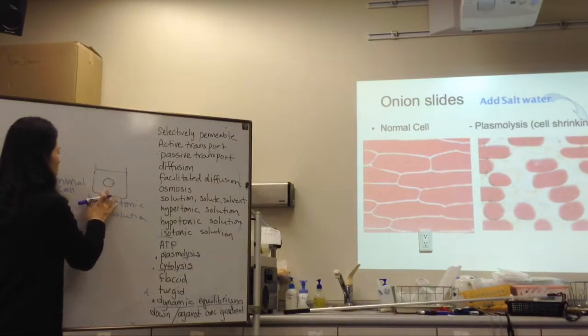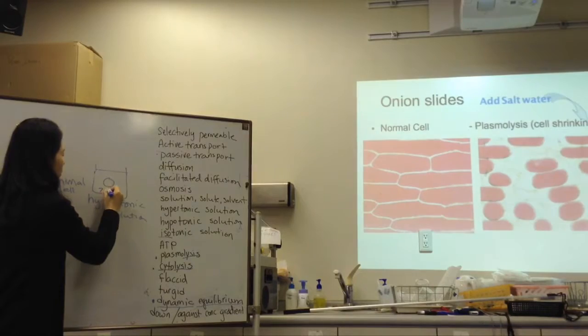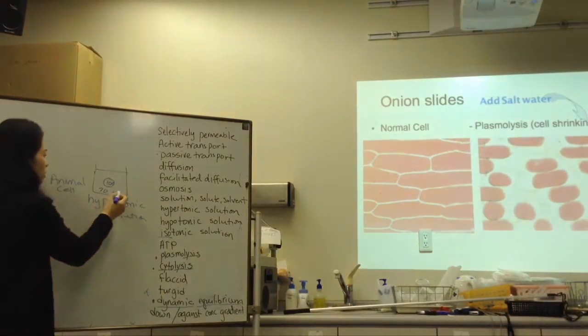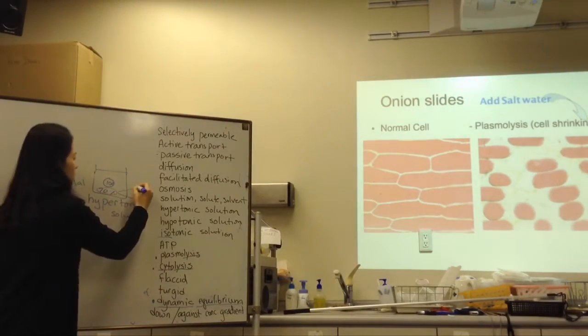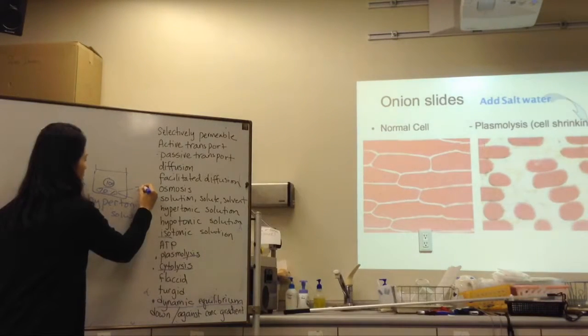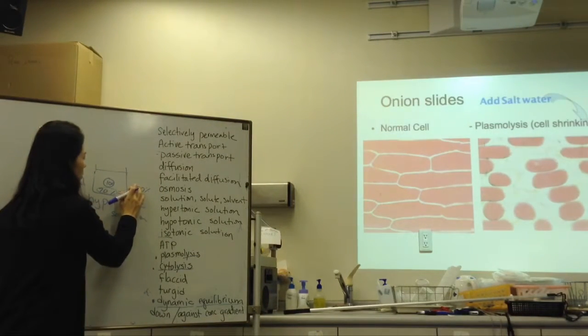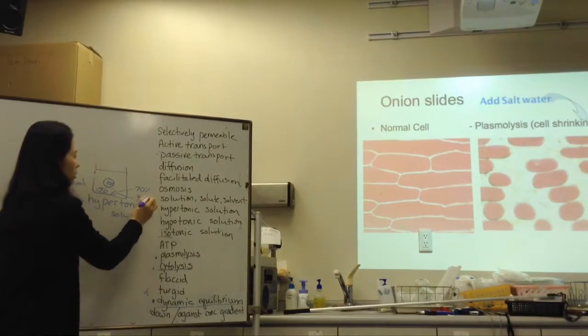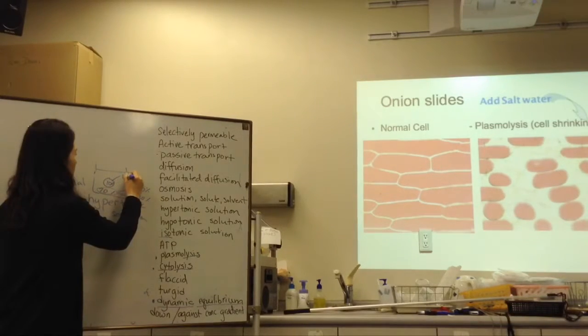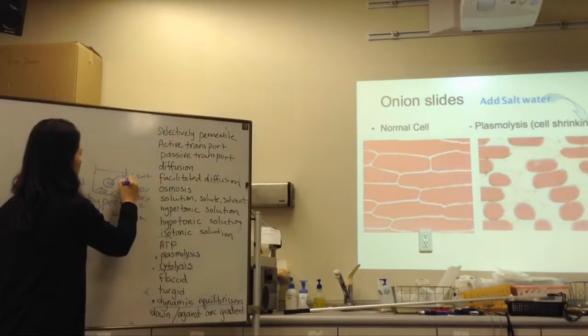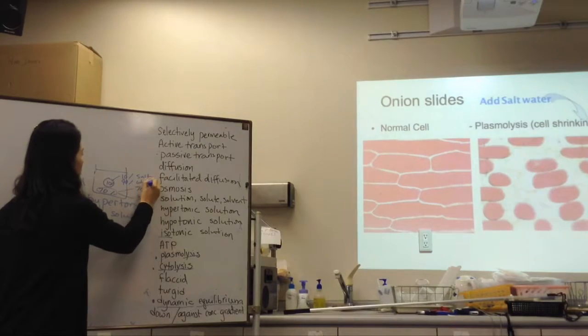Let's say this is a 70% salt solution and this is only 10% salt solution. This means the content in this beaker is 70% salt and 30% water. This means 10% salt and 90% water.